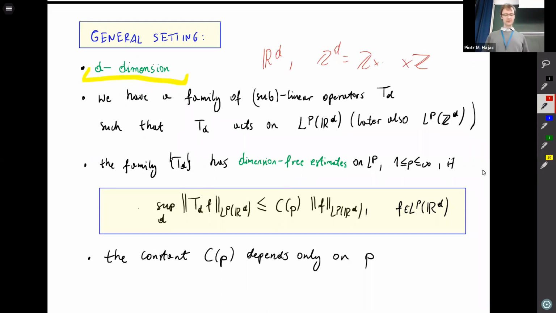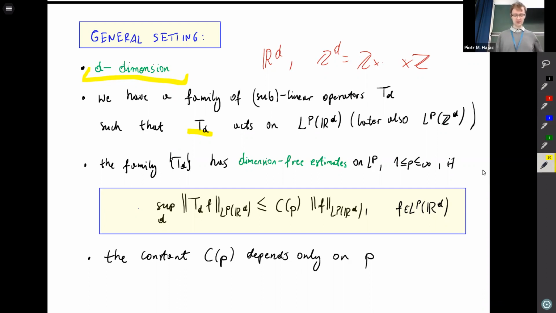So we consider a family of sublinear operators TD, and we think that each TD acts on one of the spaces LP. So for each dimension, we have an operator which we call TD.